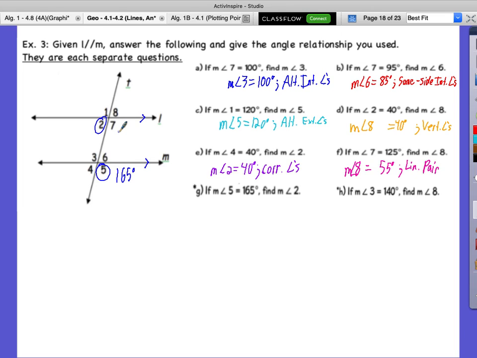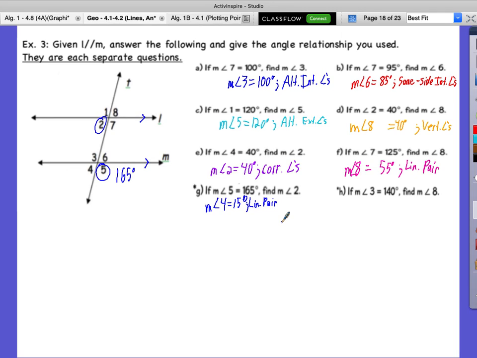Okay, so we can find angle 4 if you want. There's a lot of different angles we could have picked. What's angle 4 compared to angle 5? They form a what? Linear pair. They form a straight line. So we know the measure of angle 4 has to be 15 degrees, because it adds up to 180. It's supplementary with angle 5 because they form a linear pair.